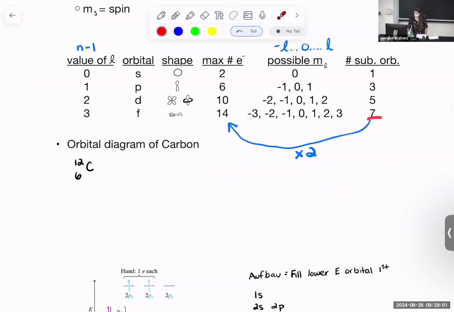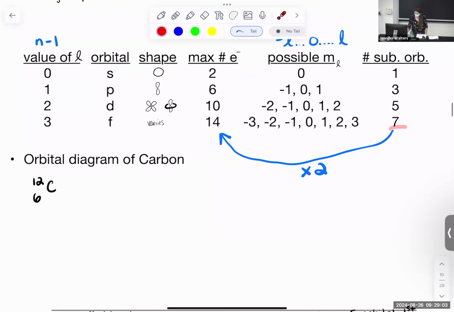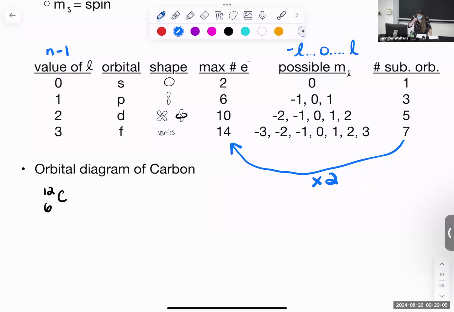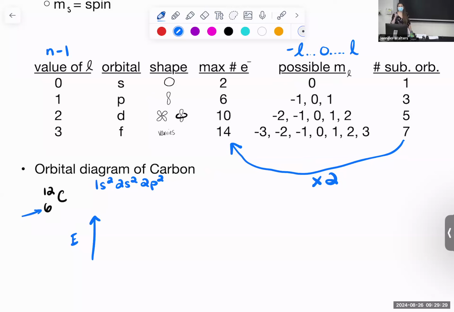So if we're drawing the orbital diagram of carbon, the energy, increasing energy, is on the y-axis. Carbon is that 1s2, 2s2, 2p2 is its electron configuration. It has a total of 6 electrons. We could have known that even faster by looking at the atomic number. And because this is a neutral atom, the number of protons equals the number of electrons.